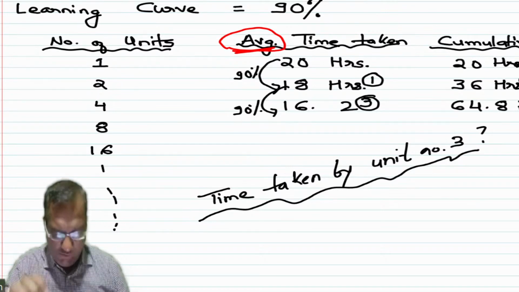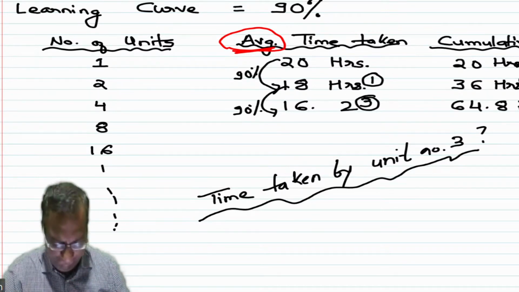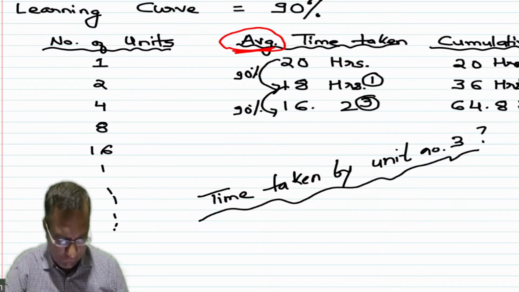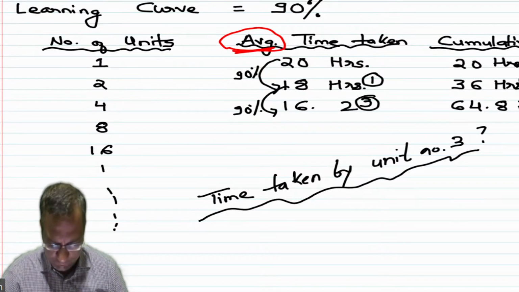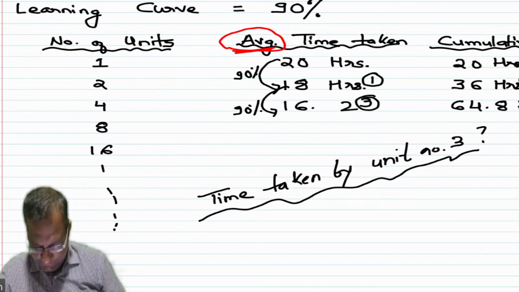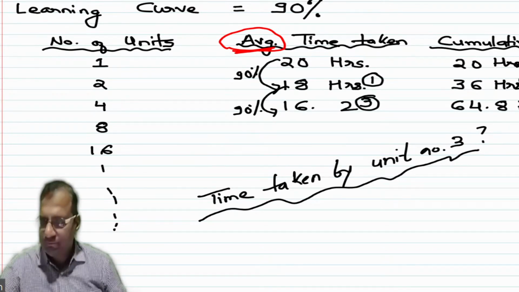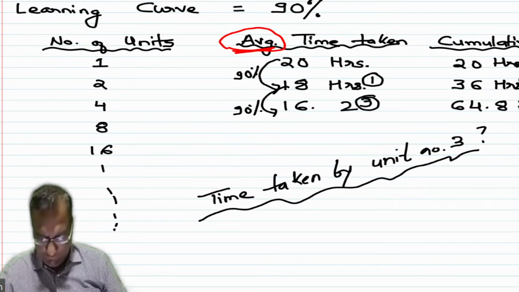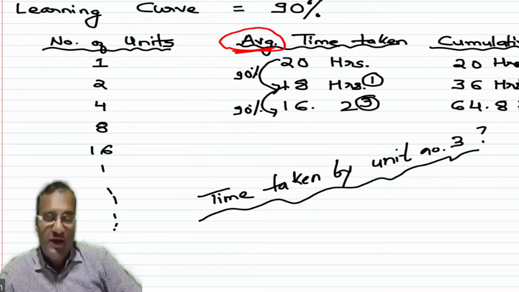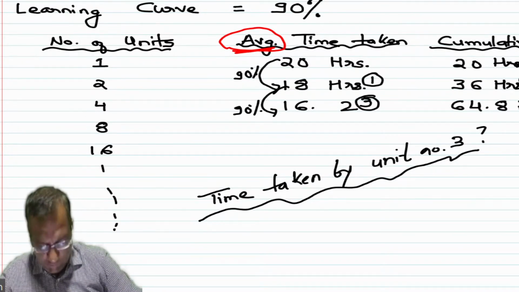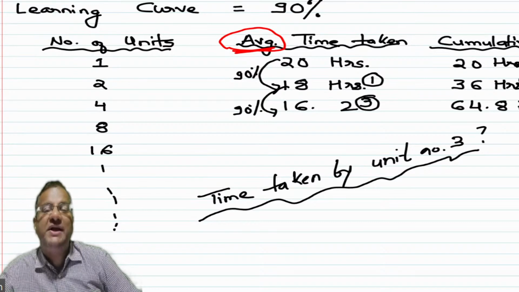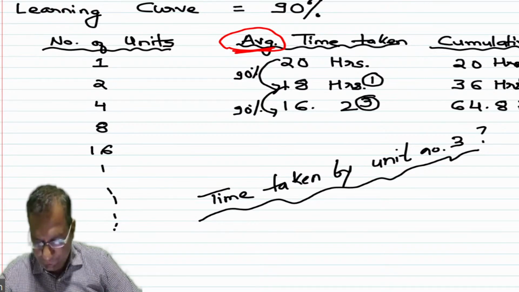Time taken to manufacture unit number 3. And I can tell you, beta, the answer is not 14.4. Neither is the answer 28.8.